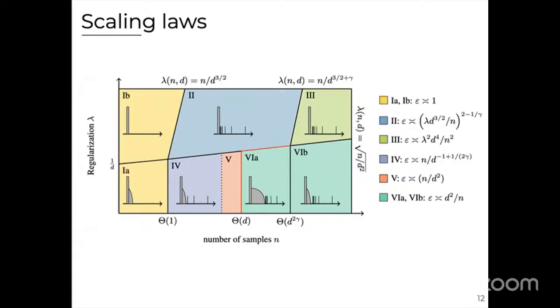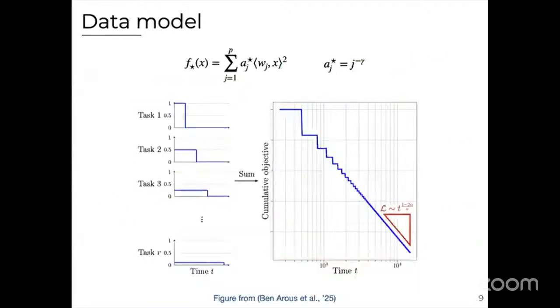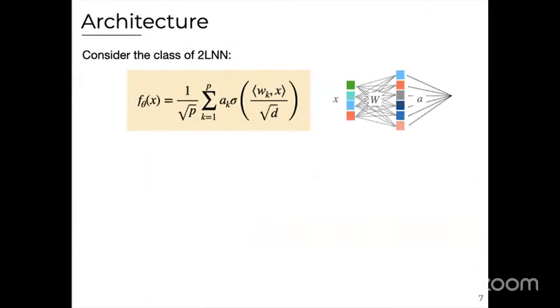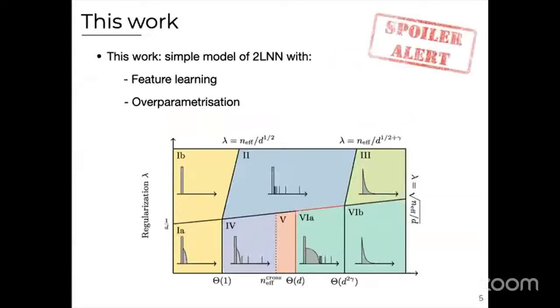So this corresponds to the last regime in this plot by Mahoney. Where is it? Yeah, here. So you do find a power law that depends on the structure of the data.